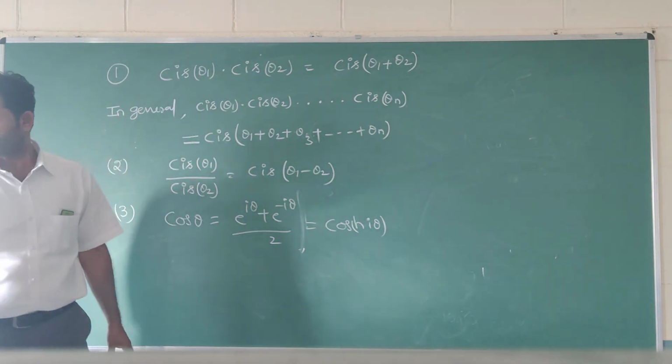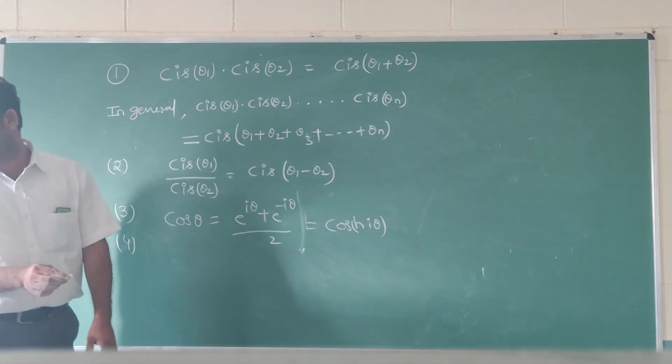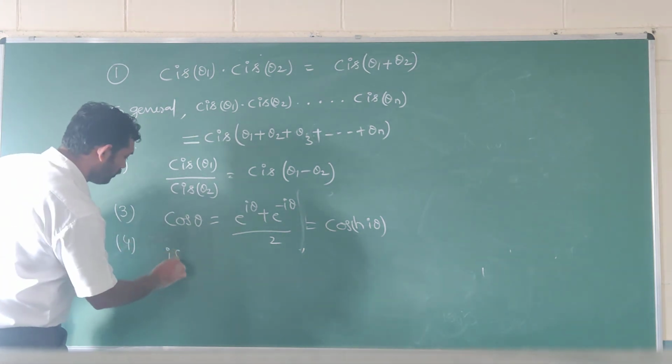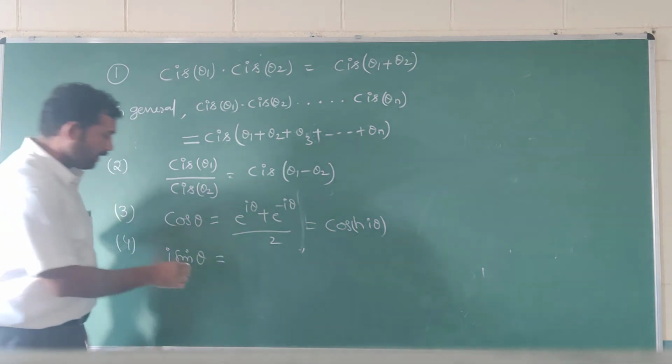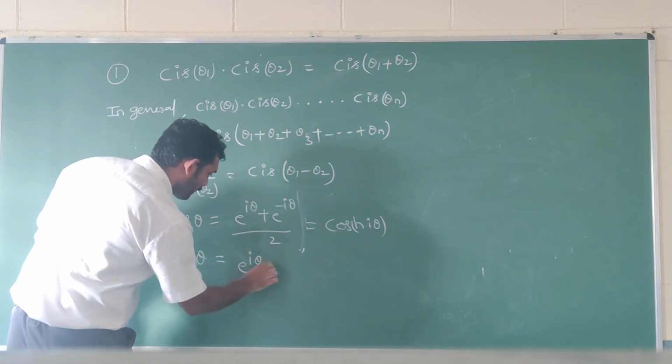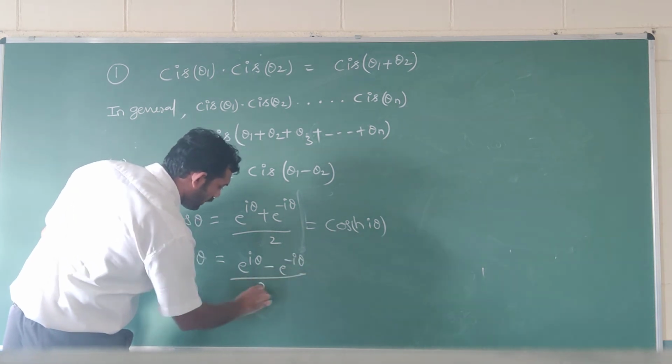Next, fourth point. i sin theta = (e^(i theta) - e^(-i theta)) divided by 2.